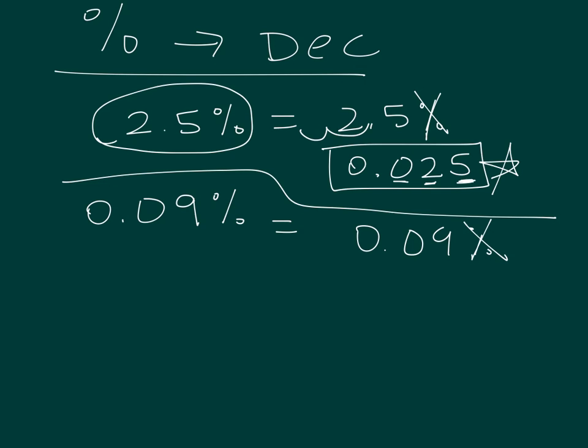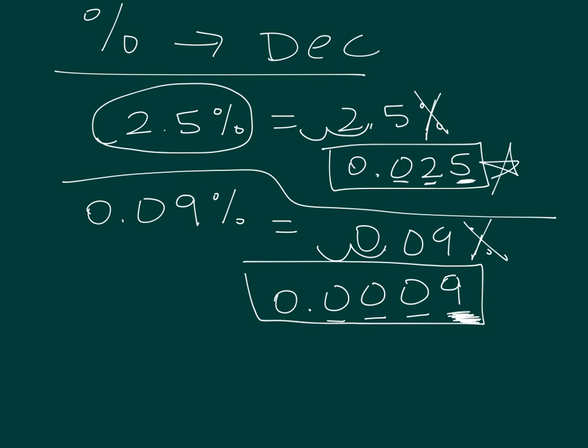Take the percent sign off, decimal twice to the left, 0.0009, 0 in front of the decimal, and therefore this is 9 in the tenths, hundredths, thousandths, ten thousandths place. So this is 9 in the ten thousandths place, or 9 ten-thousandths, which is weird and little, but it's okay. Please review as needed.